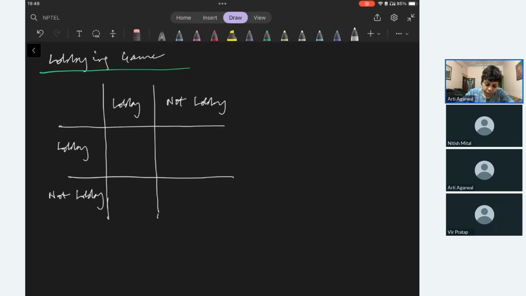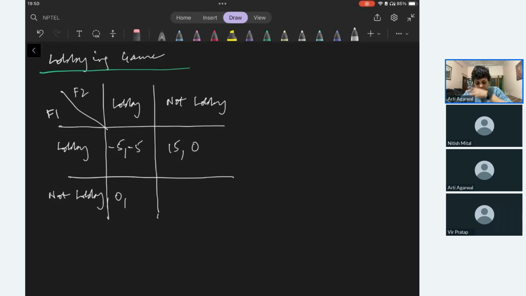This is firm 2, this is firm 1. What we were told is that if both the firms lobby, they both get -5. If one is lobbying and the other is not lobbying, the guy who's lobbying gets 15, the other guy gets 0. Not lobbying and the other guy is lobbying, I get 0 and 15.